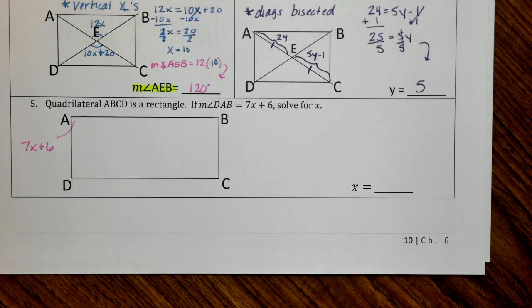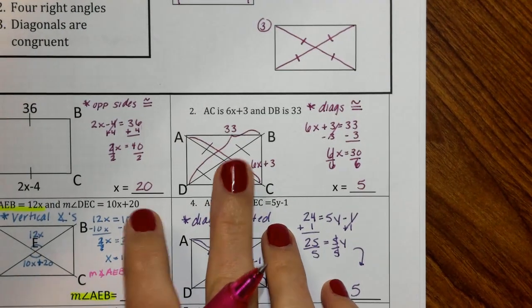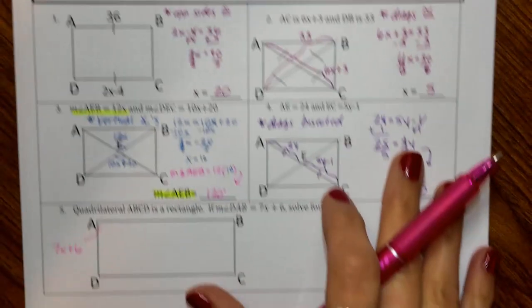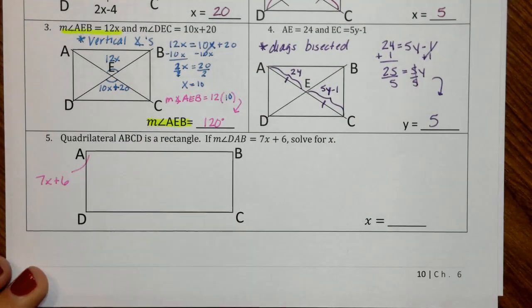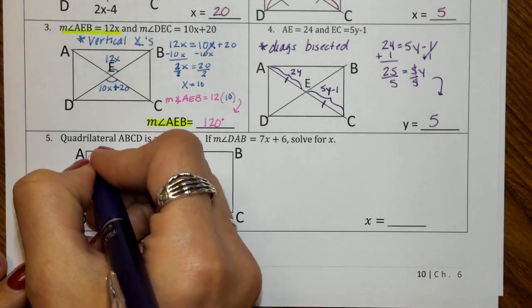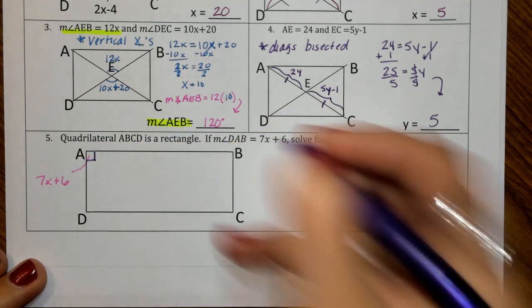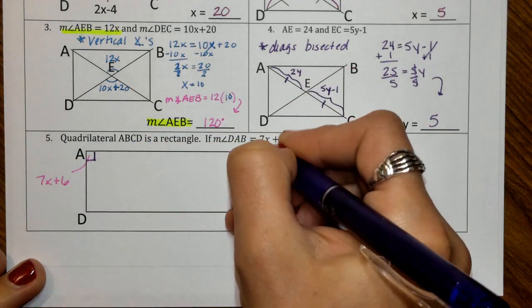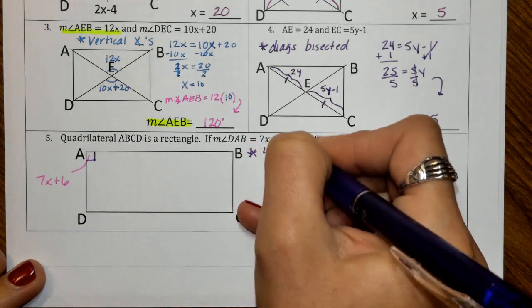Okay, so we're going to use one of our specific rectangle properties. We already used the one where we have congruent diagonals. Now we're going to use this other property that we have 4 right angles. So with a right angle, we know that it is 90 degrees. Right in here, 4 right angles.